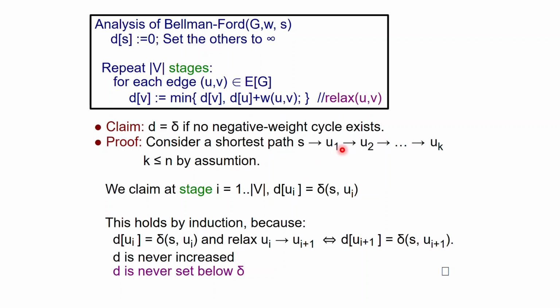Because this path is the shortest path, the way to get to u_{i+1} is indeed to go to u_i and then follow this edge here. So d of u_{i+1} will be equal to delta.